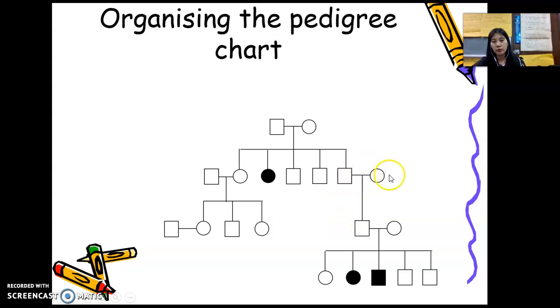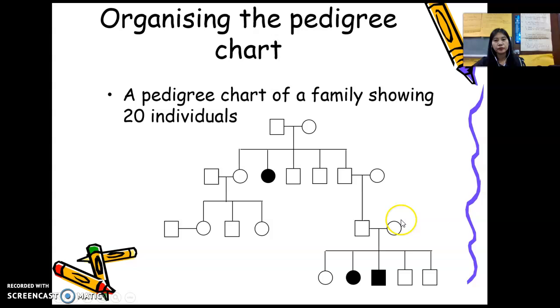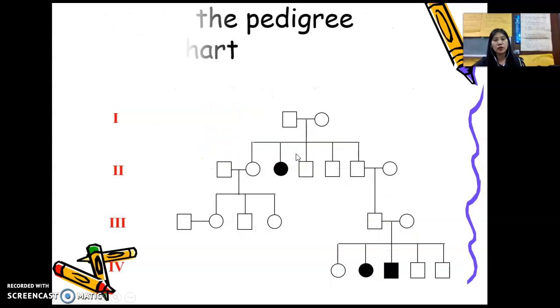All right, so what about here? This last child, the youngest child, one child, is married and got 5 kids. So it has 20 individuals for this pedigree.